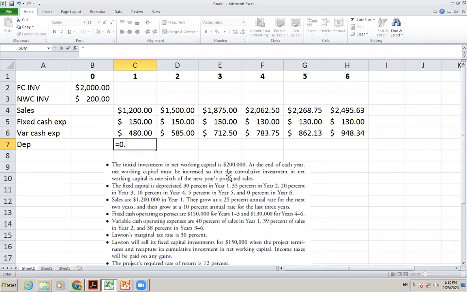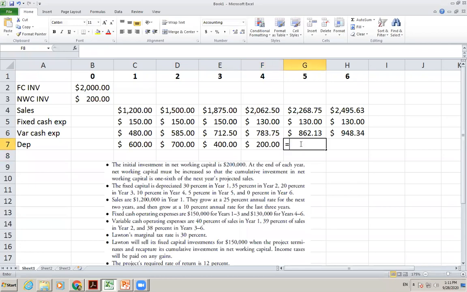So 30% of this, then in year 2, 0.35, in year 3, and it's 10%, then 5%, and at the end we have 0. So the accumulation should give you the total depreciated value.